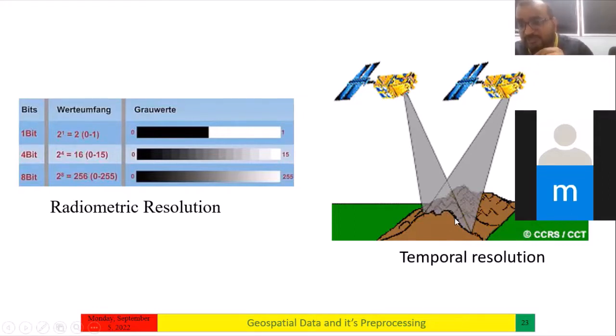For example, Landsat 8 has 16 days of repeatability, meaning its temporal resolution is 16 days. If a Greater Noida image is generated today, then after 16 days we will again have the image of Greater Noida, without any geographical distortion or any other distortion. The same image would be there.